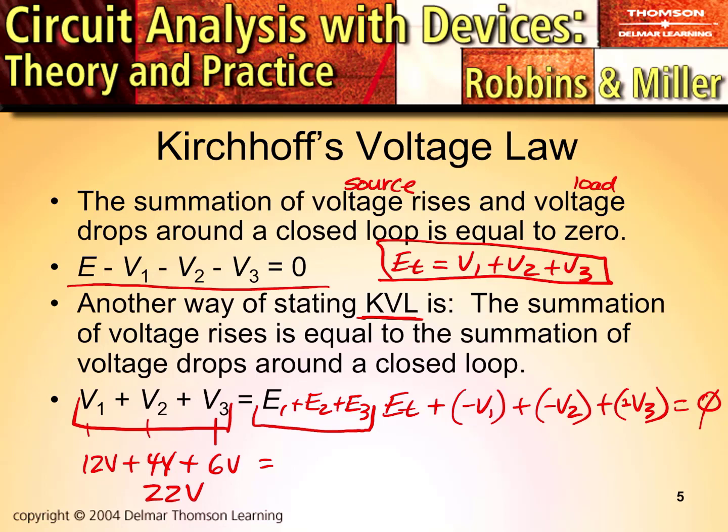So if we were to say that E1 was 10 volts, E2 was 6 volts, we would be able to conclude that the missing value of E3 would have to be 22 volts minus 16 volts to give us 6 volts. So this is an example of where Kirchhoff's voltage law could have been used in that example to determine an unknown value of source voltage, knowing that it would be 6 volts.